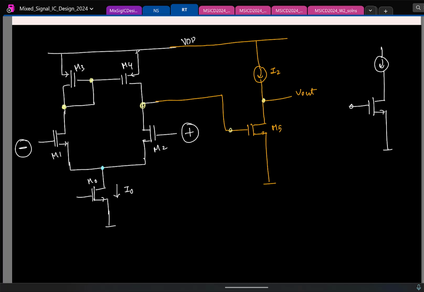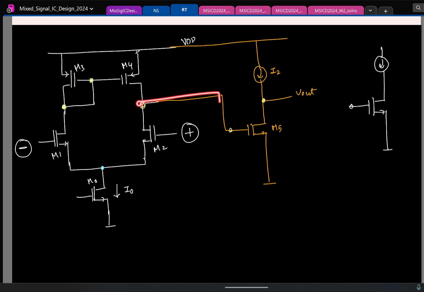So how do you think it will get biased? How can we do this? Gate is connected here, isn't it? You can't change anything. No, I'm not saying you cannot add anything more. This is the circuit. So in practice, what do you think will happen? You cannot add any more biasing to this, right?